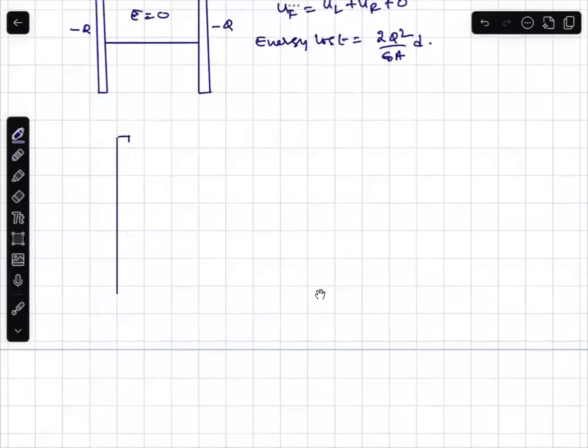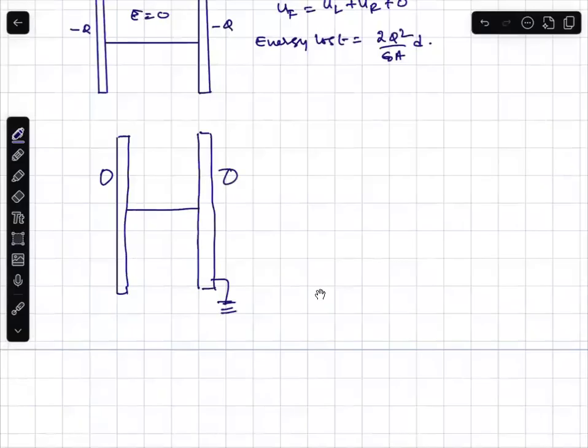Now, after connecting to earth, if this is the case, nothing will be there. The entire charge will go to 0. So what is the charge going to earth in that case? Minus 2Q.